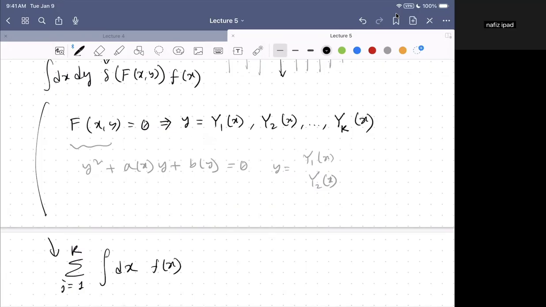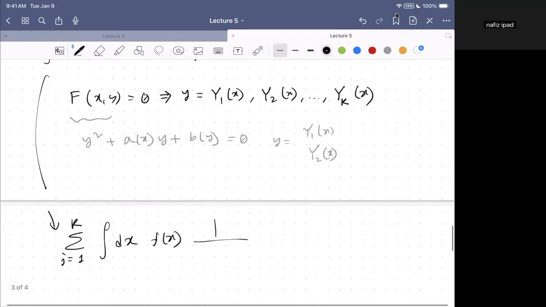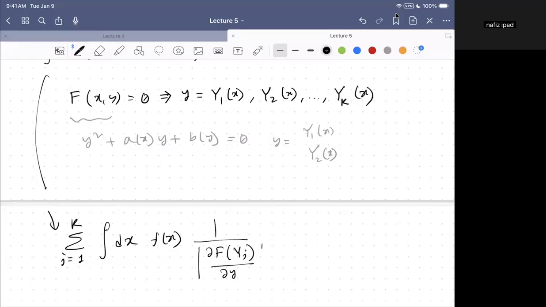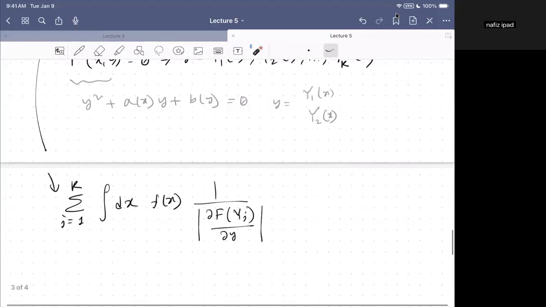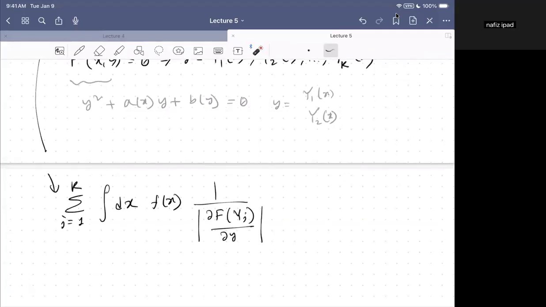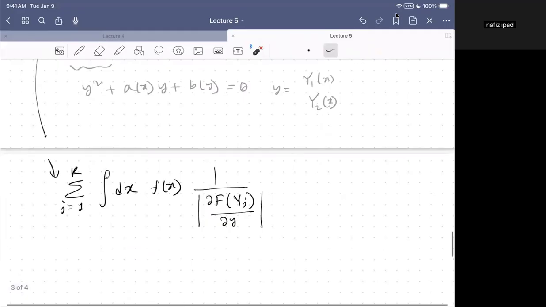Obviously, nothing happens to f of x. And then from each zero, you get a factor like the following: the derivative of f with respect to y, evaluated at the solution, modulus, right? Maybe you remember this formula. If not, you can look it up. It's easy to prove. Just expand your delta function around each solution.